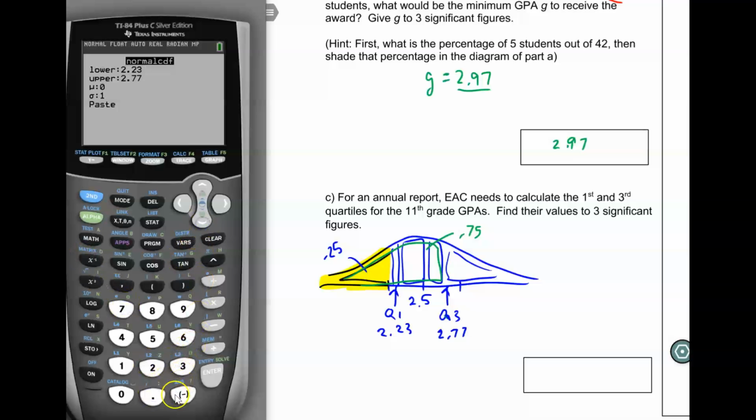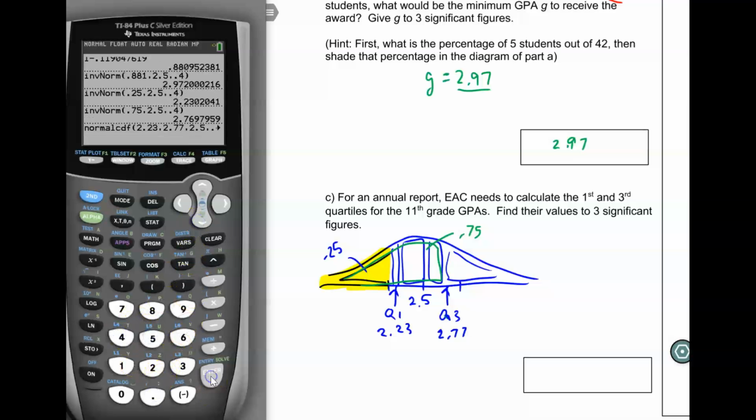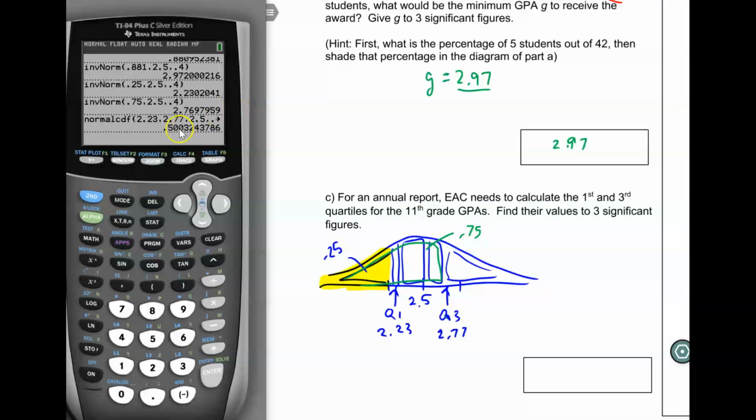And the mu is 2.5, and the sigma is 0.4, and this should give us close to 50% because that should be the middle 50%. Yeah, it's pretty close, 0.500. Okay, so the middle 50% of the students are between 2.23 and 2.77.